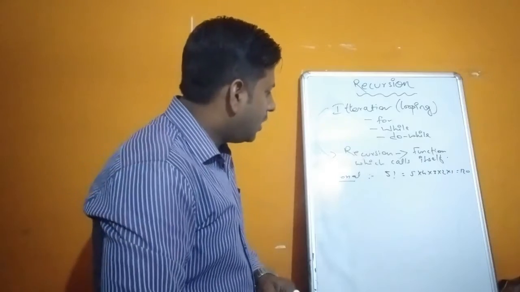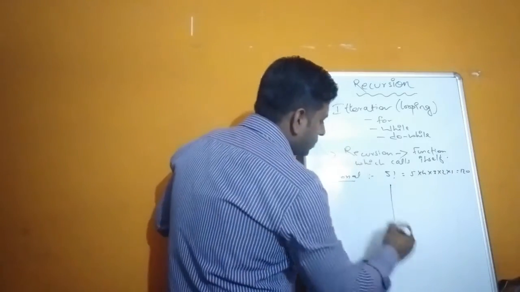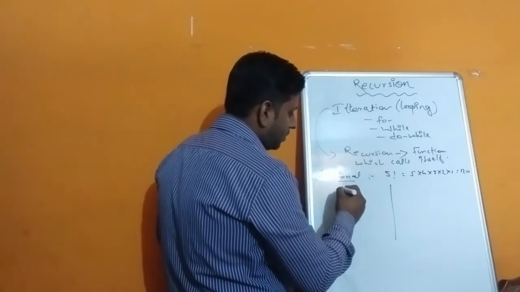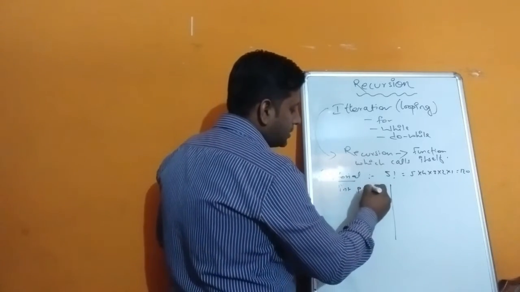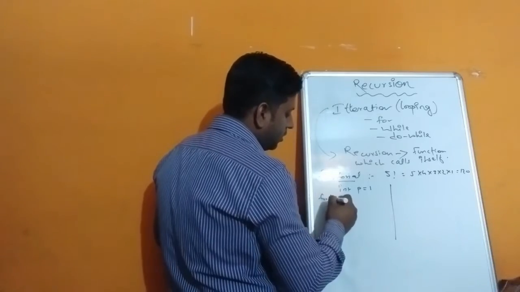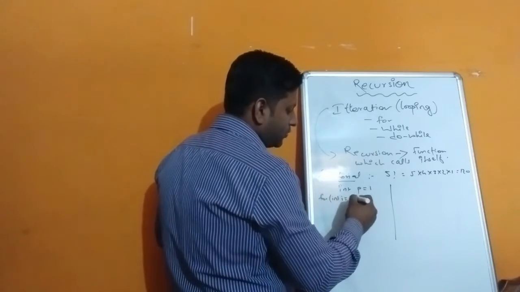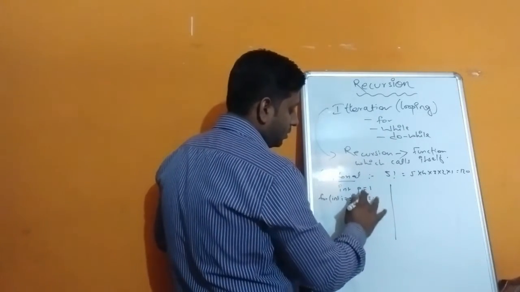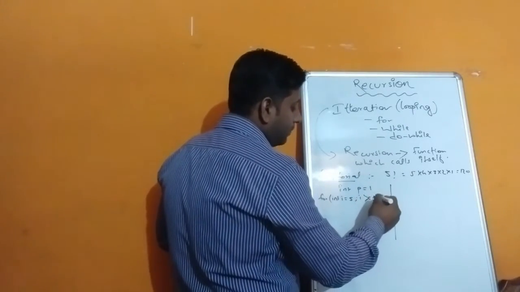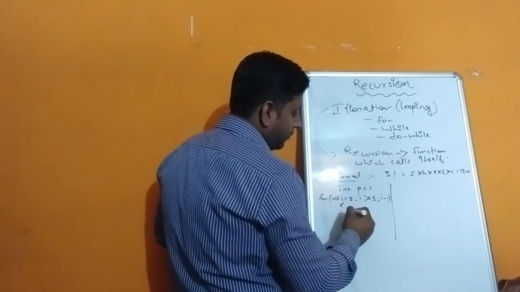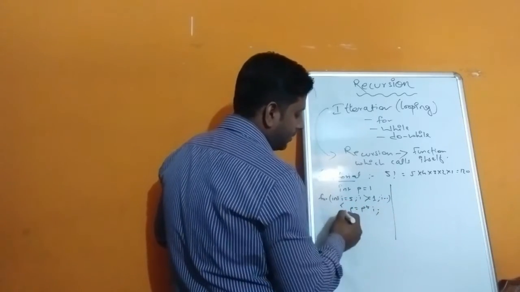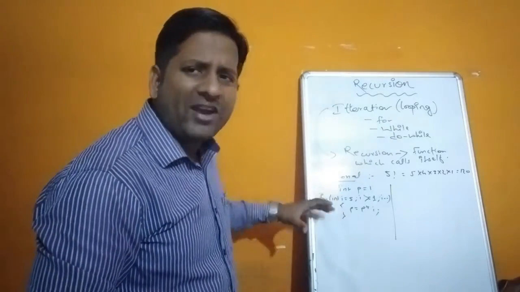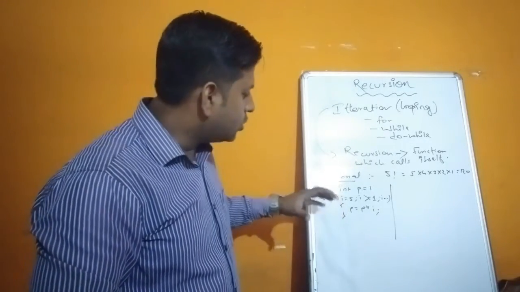Now children, for this we used to use looping. int p is equal to 1, then for i is equal to 5, i greater than or equal to 1, i minus minus, then p is equal to p into i. This was the technique we used for the factorial of a number using a loop.